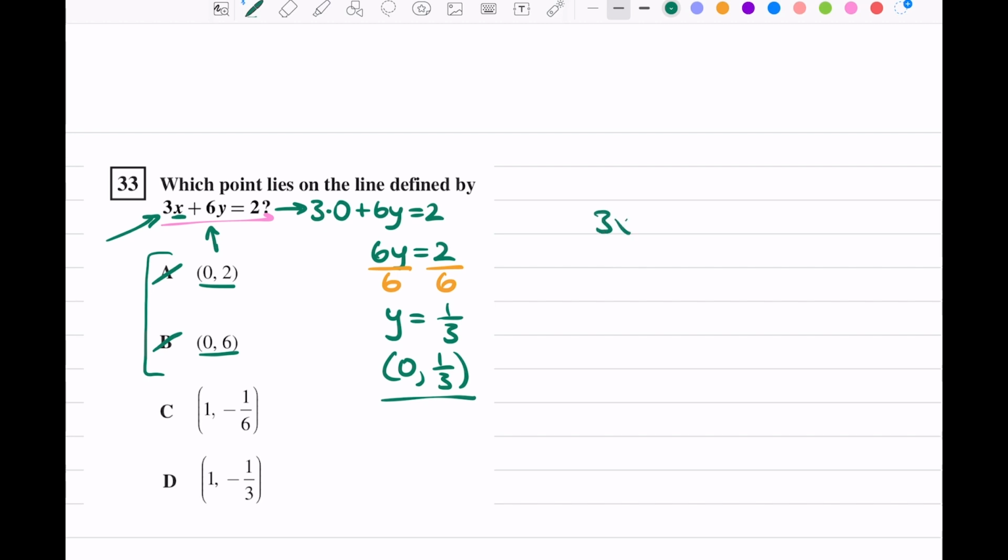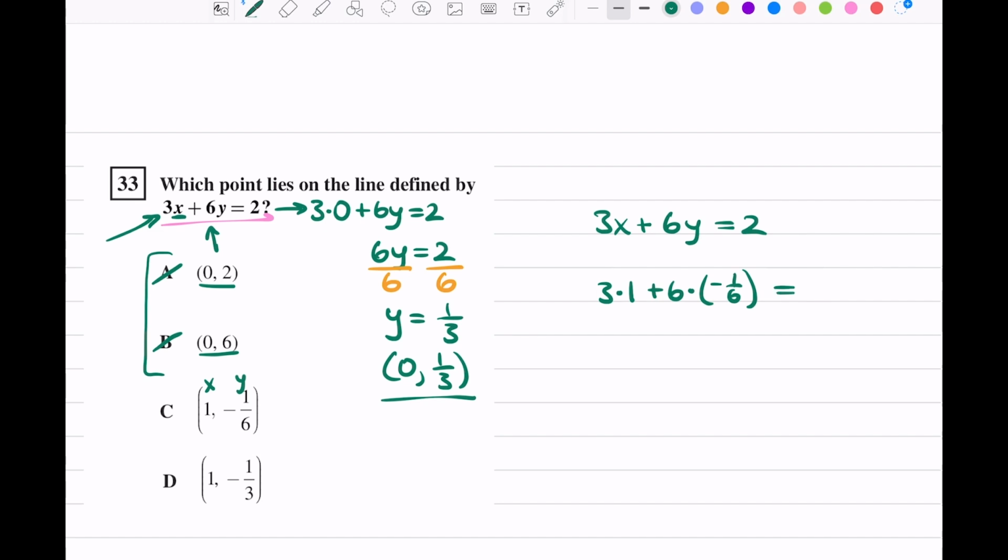So our equation is 3x plus 6y equals 2. And option C has an x value of 1 and a y value of negative 1/6. So let's see if that pair makes the equation true. So we have 3 times 1 for x, and then 6 times negative 1/6.